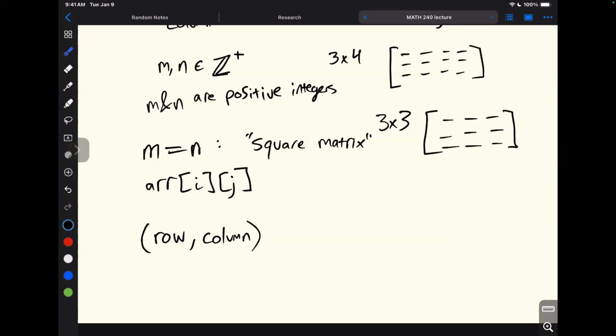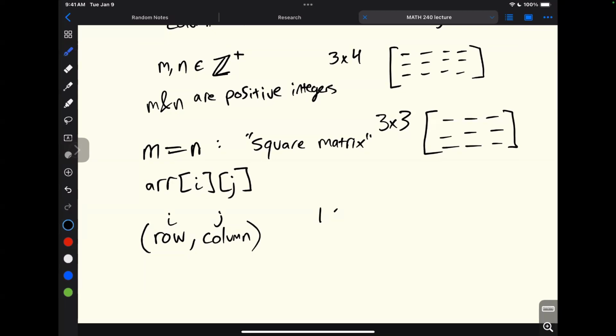So row comes first, column comes second. We'll typically use the letters I for rows and J for columns. Again, these are just letters, so we could switch them if we wanted to and confuse everybody, or we could choose X and Y. They're just letters, but traditionally it's I and J.